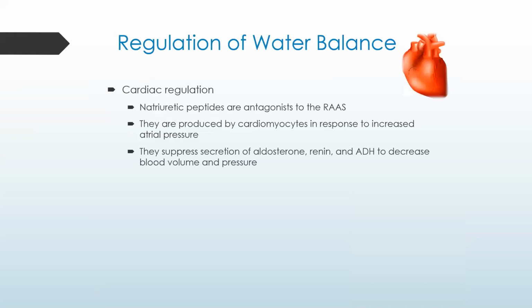Cardiac regulation: the renin-angiotensin-aldosterone system is involved greatly with the cardiac regulation. When blood volume and blood pressure rise and begin to stretch the atria, the heart's natriuretic peptides are released and the renin-angiotensin-aldosterone system will be shut off, which stabilizes the blood volume and blood pressure.